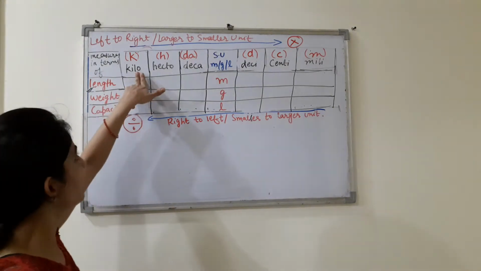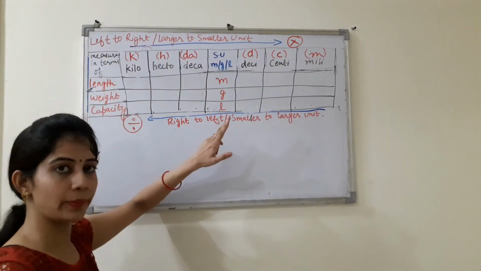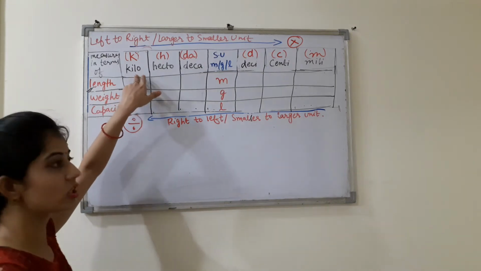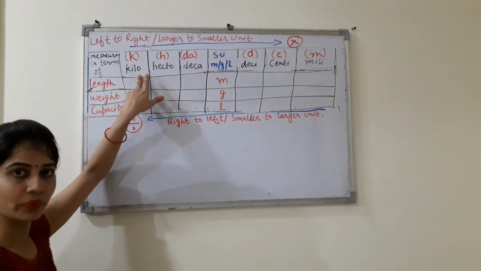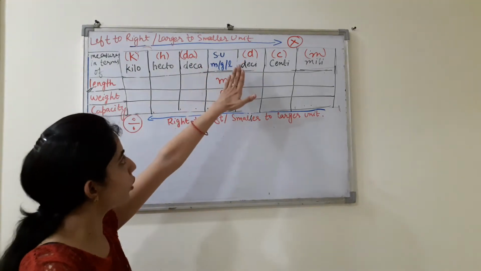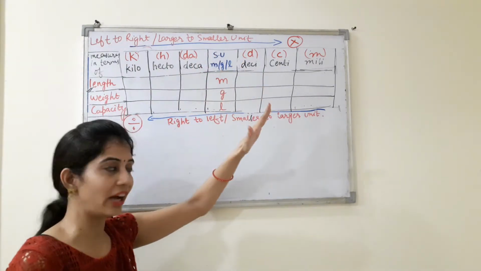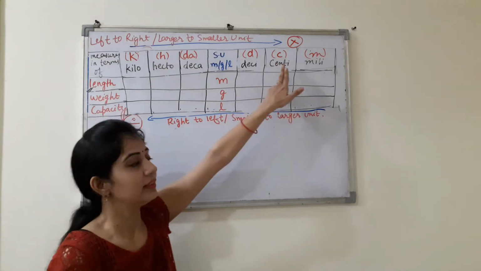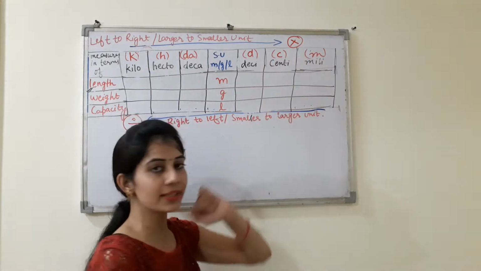See, the first unit according to this table is kilo, right? Second is hecto, third is deca, fourth is your standard unit, then deci, next centi and last is milli.